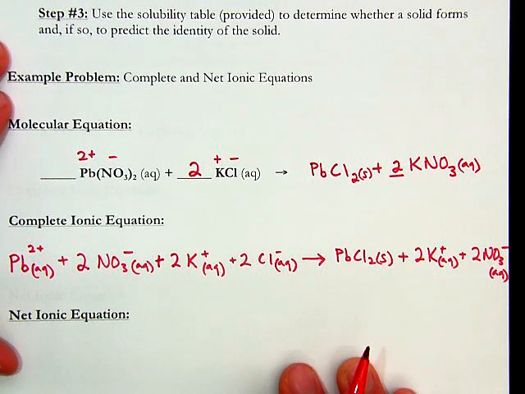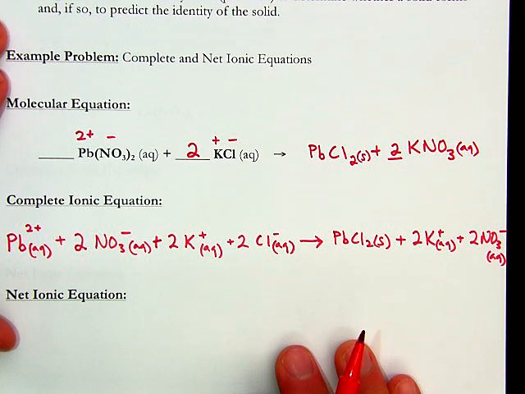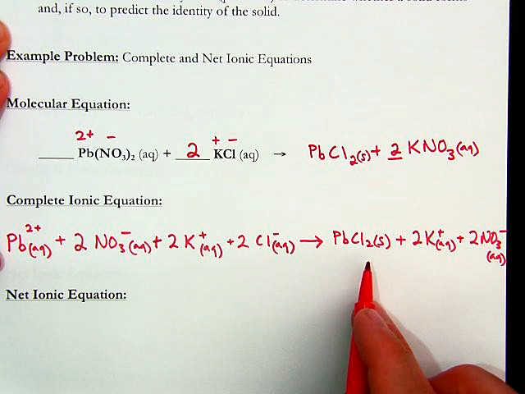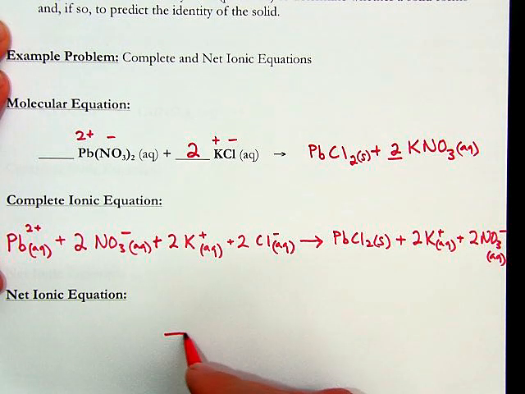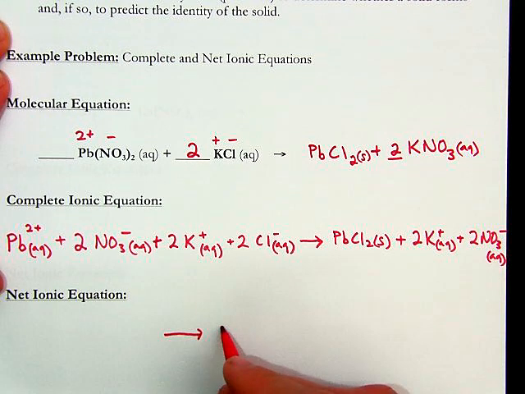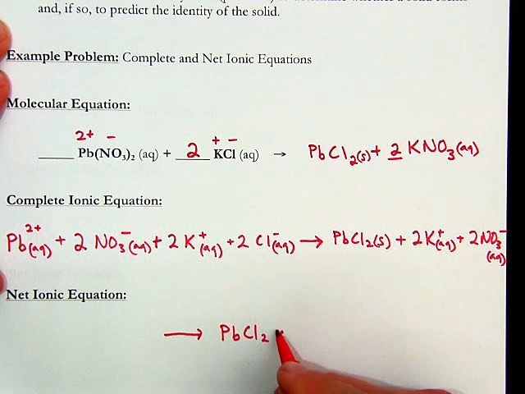Now, the net ionic equation includes only the ions that go into making the solid. That is, what plus what gives you PbCl2. So PbCl2 solid goes on this side.